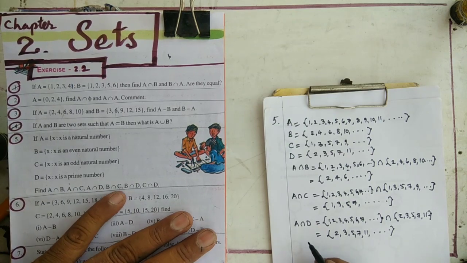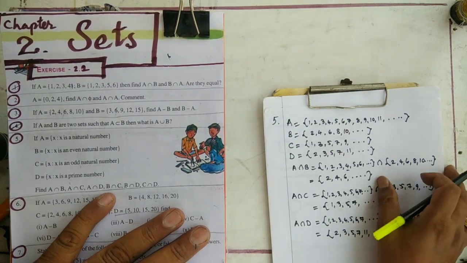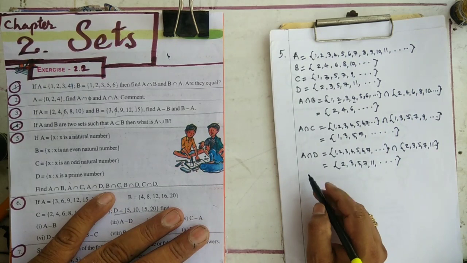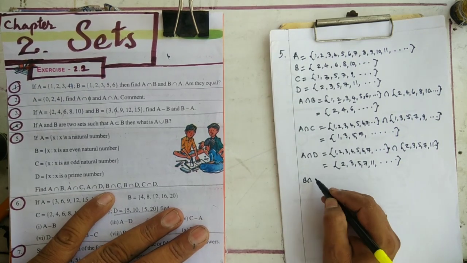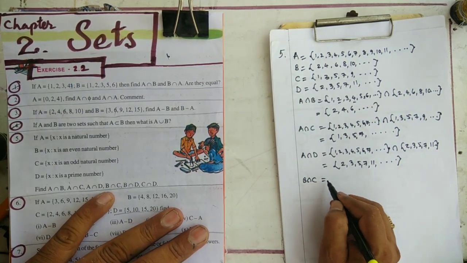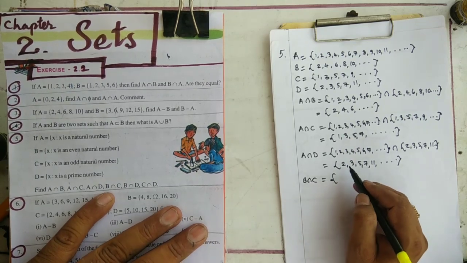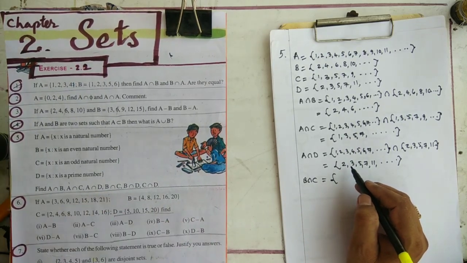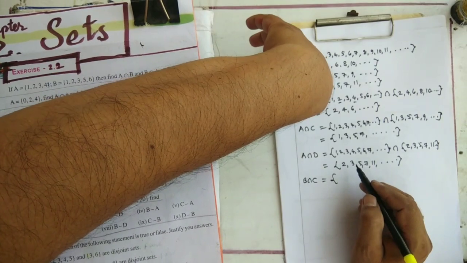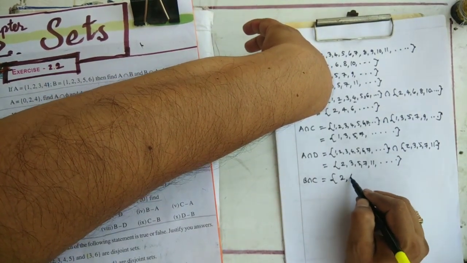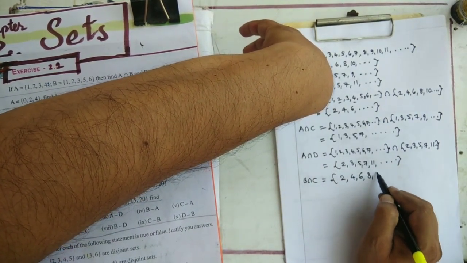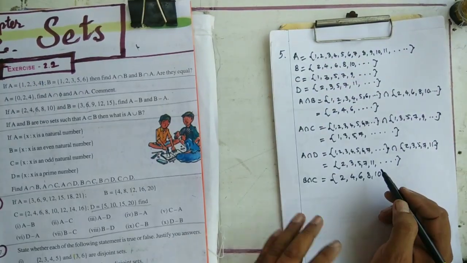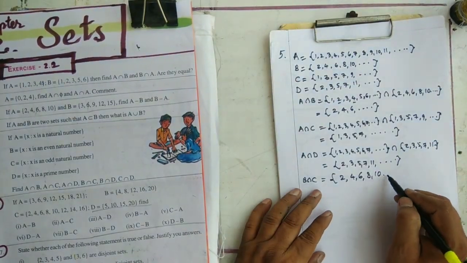Next, B intersection C. B is 2 4 6 8 10 and so on.